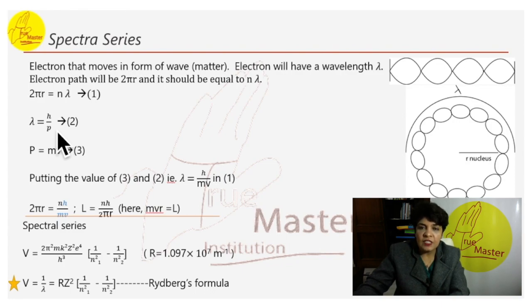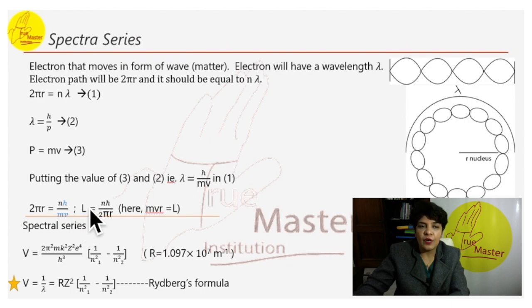We knew p is equal to mv. So putting the value of 3, which is mv, in place of p, lambda is equal to h by mv. Now this h by mv is substituted here in lambda, so we get 2 pi r is equal to nh by mv.